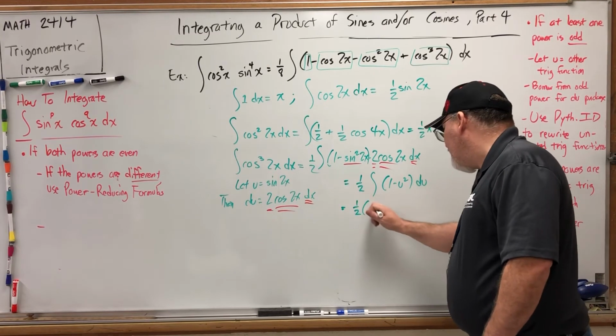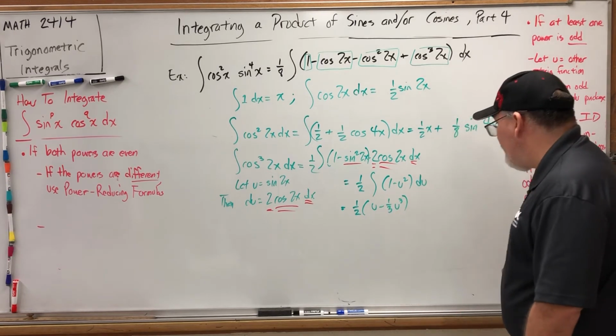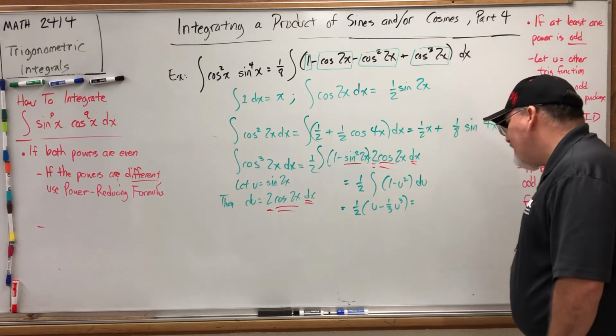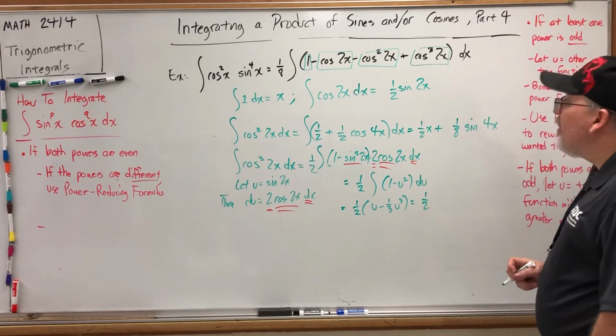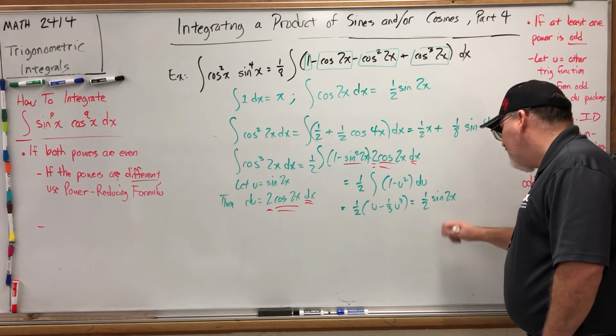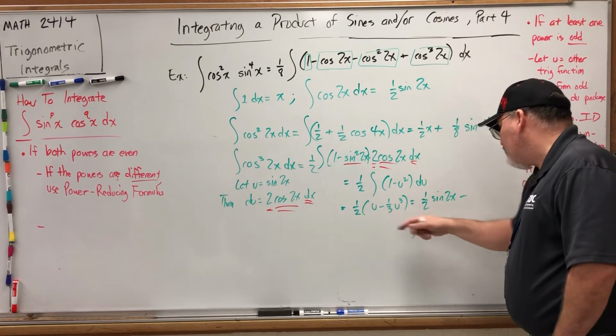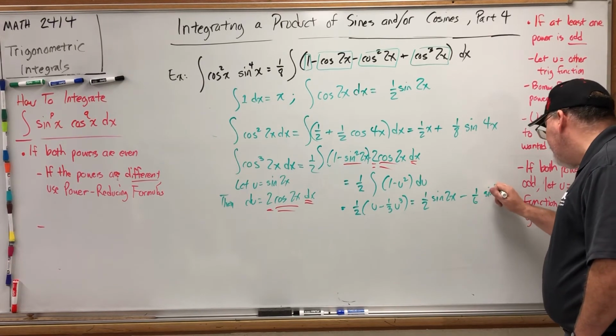1/2 times u minus 1/3 u cubed. And then if we distribute it and change the u's back, we get 1/2 times u, but u is sine of 2x, so 1/2 sine of 2x, minus 1/2 times 1/3 is 1/6 u cubed, so sine cubed of 2x.